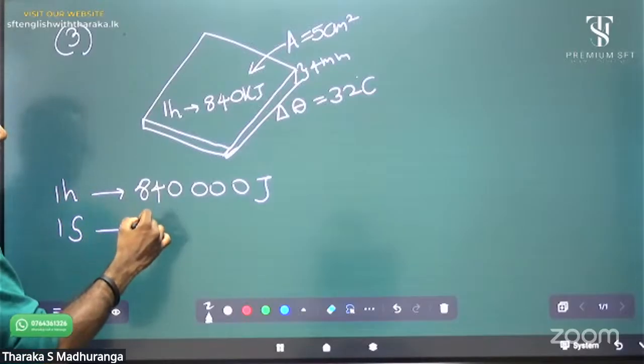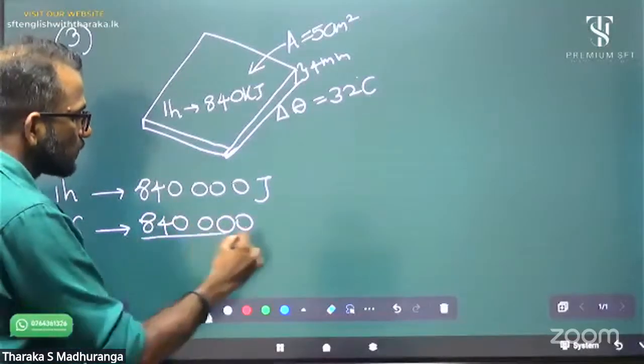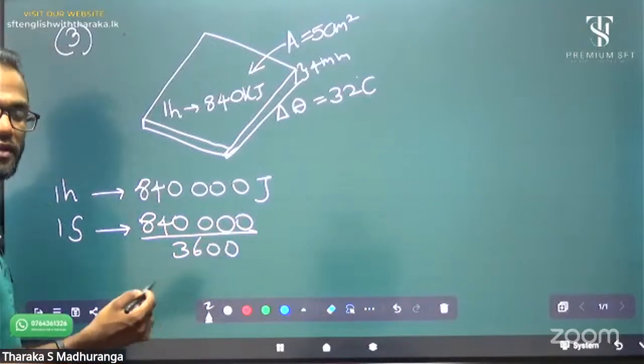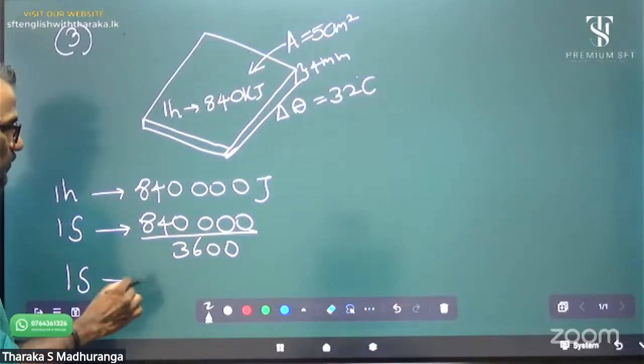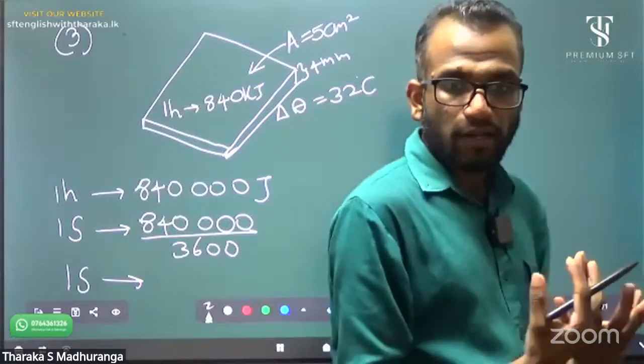Then 840,000 divided by 3600 gives the amount of heat flowing through the solid object within 1 second. That is a watt.